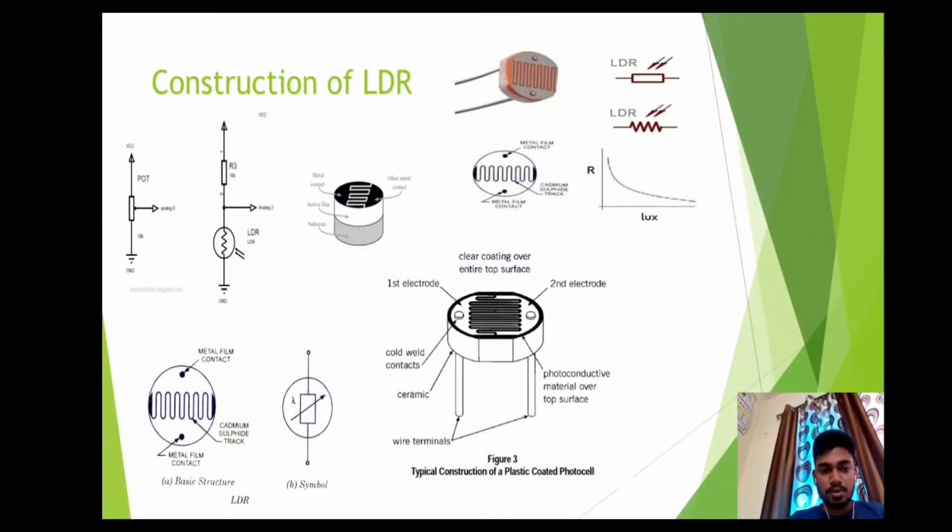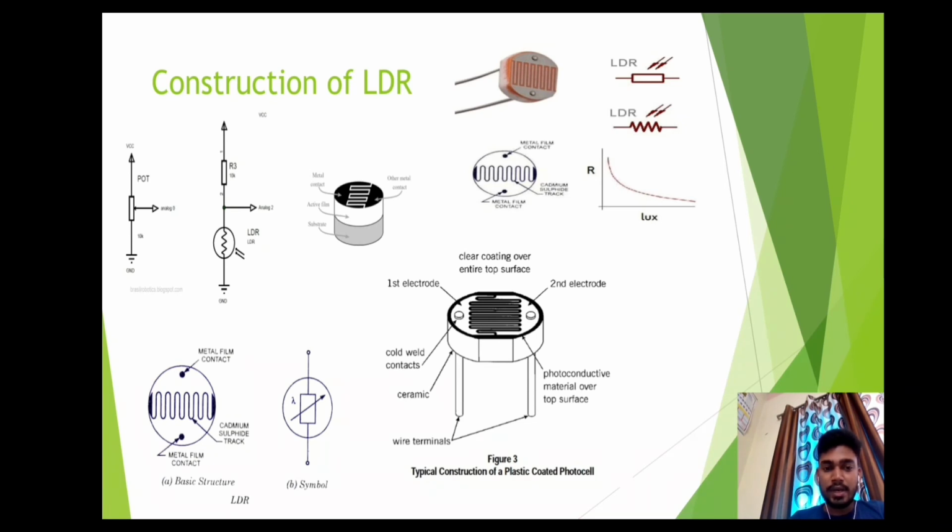Now understand the construction. What is the construction of the LDR? This is a POT, a potentiometer, also known as a variable resistor. The working of the LDR we can understand as I told you previously in the previous slide. And it has three layers. In the uppermost layer, there are metal contacts.